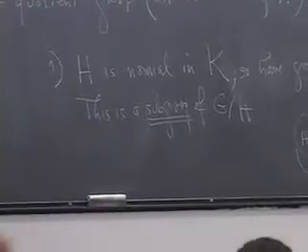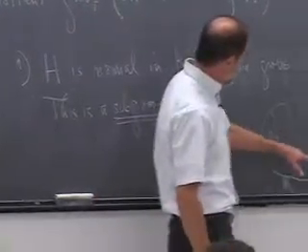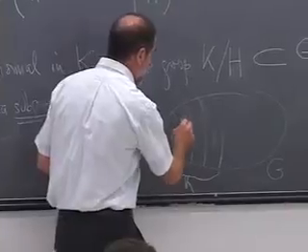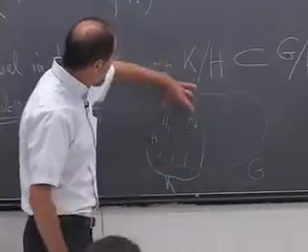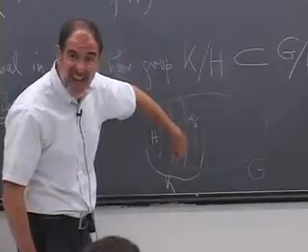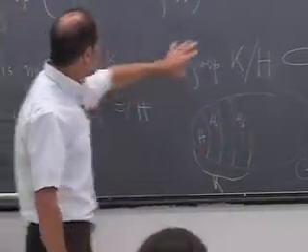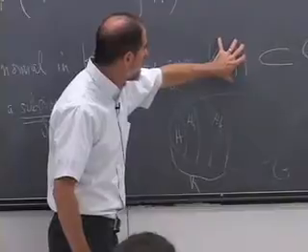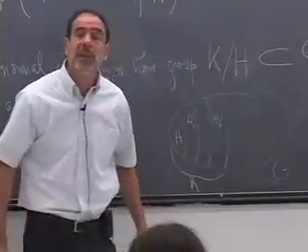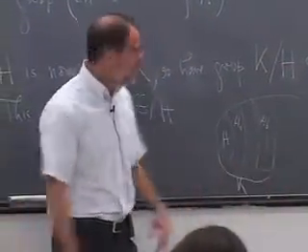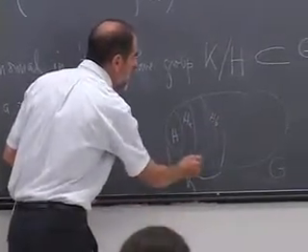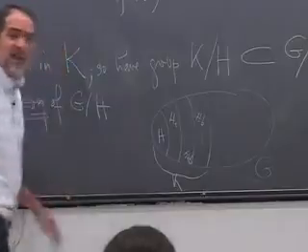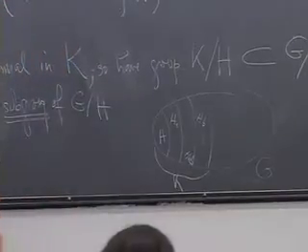In other words, if I take two different cosets that lie in K, Ha and Hb, and I multiply them, that coset also lies in K. So this subset of cosets that lie in K is closed under multiplication. Why? Because if I take two elements in K, a and b, and multiply them, I get a new element in K, because K is a subgroup.